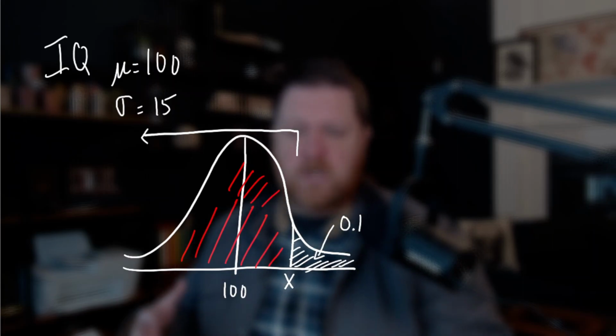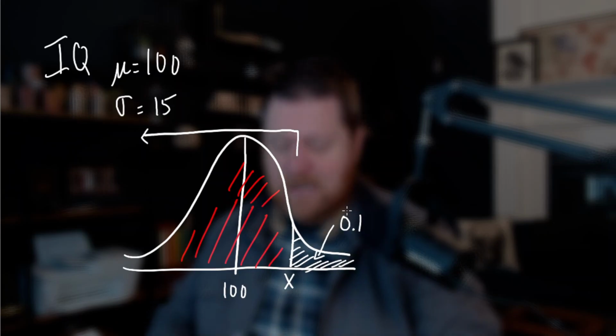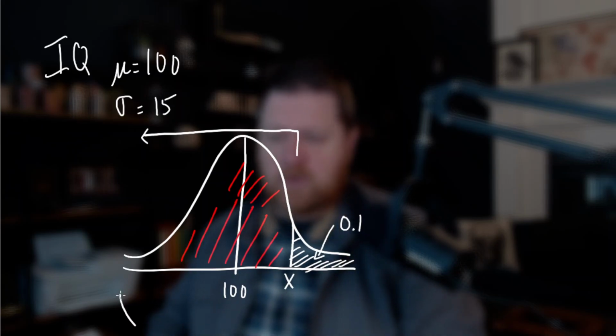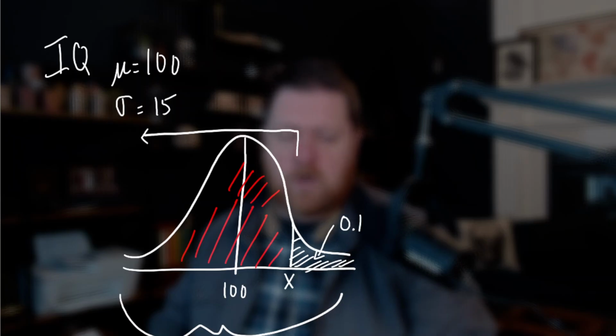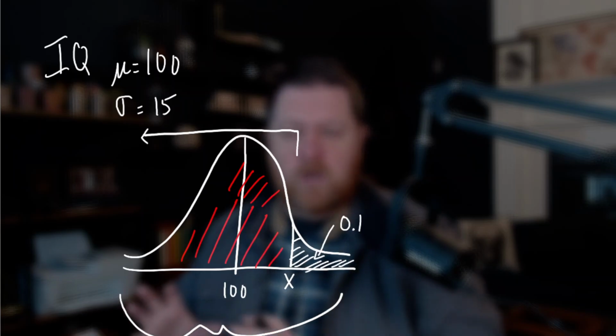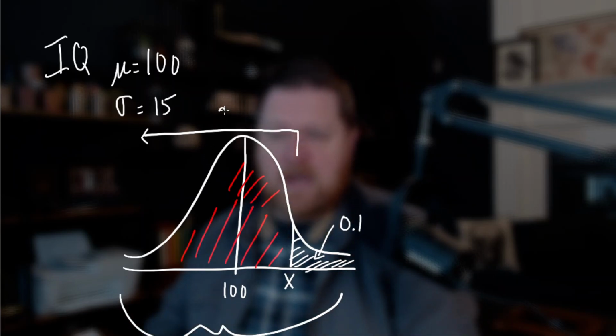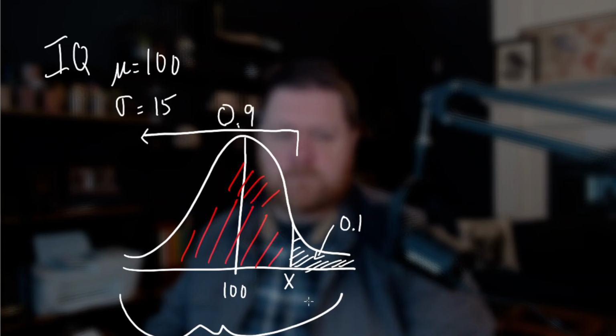Well, again, it's pretty straightforward given what we've talked about before. We know that the entirety of the normal distribution, this whole thing here, is 1. So if that whole thing is 1, and we have 0.1 to the right, that means to the left we have 0.9.